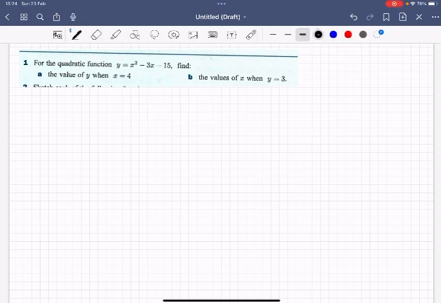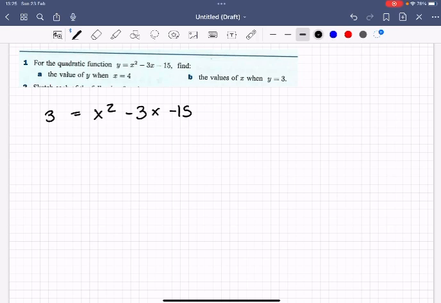Which is where it gets a little bit more complicated, but it's not really complicated yet. We know that y equals 3, so 3 equals x squared minus 3x minus 15. The first thing we're going to do is turn this into a quadratic equation.